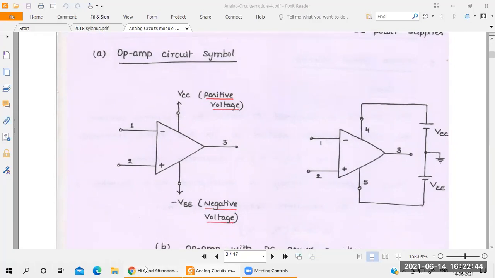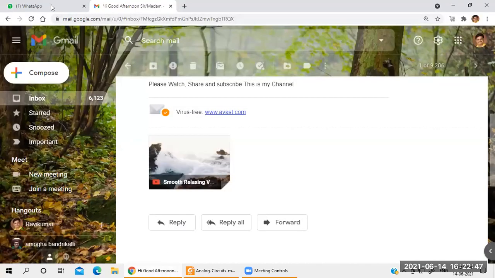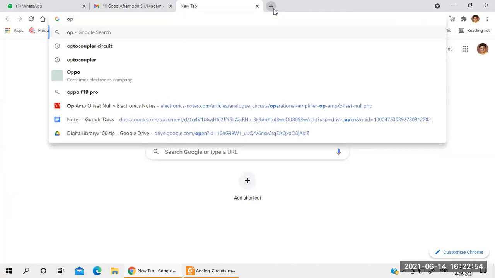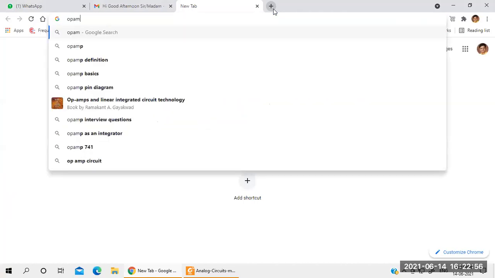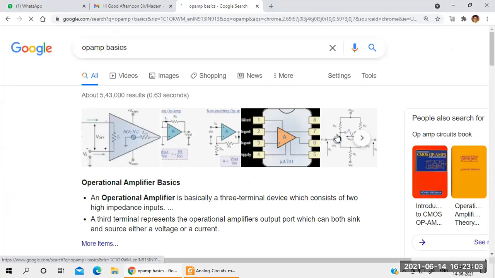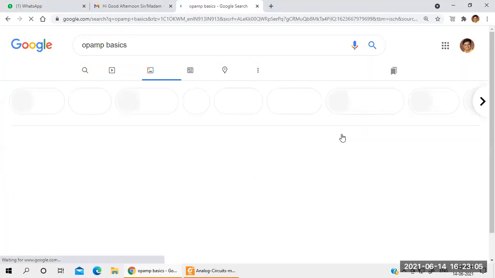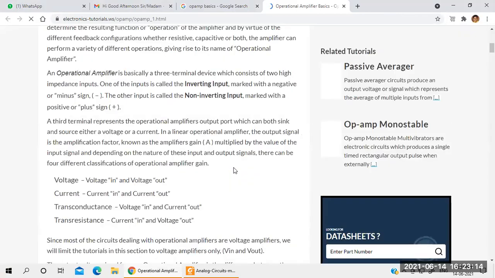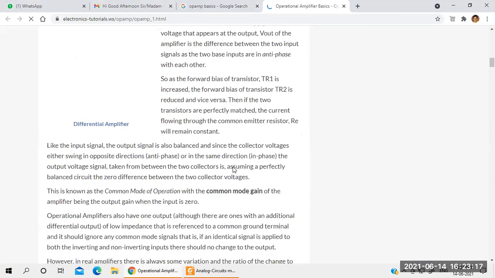Have you seen that diagram? I will show the diagram here. BJT circuit here. Is it visible, this diagram?